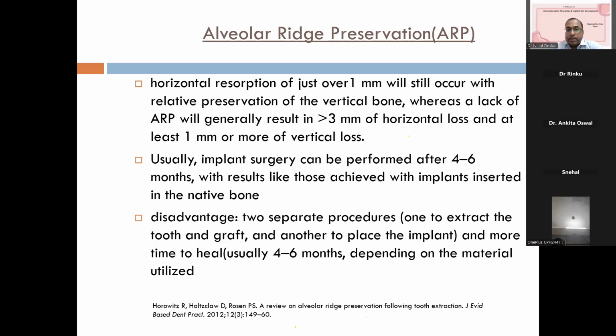Usually, implant surgery can be performed once you complete the socket preservation procedure. You can perform the implant placement after 4 to 6 months, with results like those achieved with implants inserted in native bone. The disadvantage, obviously, is that you need 2 separate procedures. The first one, you extract, place the graft and close the socket using some material, and the second appointment after 4 to 6 months is for the placement of the implant.